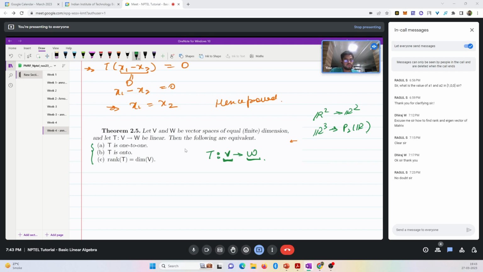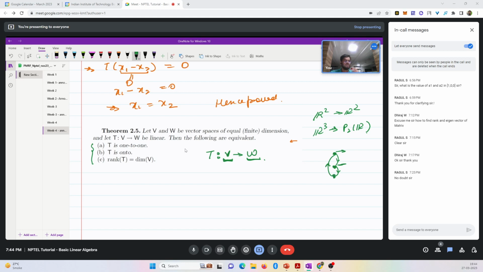Now, if you want to show three statements are equivalent, then either you can go from 1 to 2, 2 to 3, and 3 to 1. This completes a loop so that you can move from anywhere to anywhere. What I mean by going from 1 to 2 is that you assume the first thing and then prove the second. From 2 to 3, you assume the second thing and then prove the third.